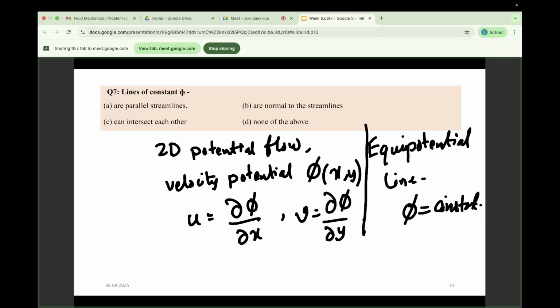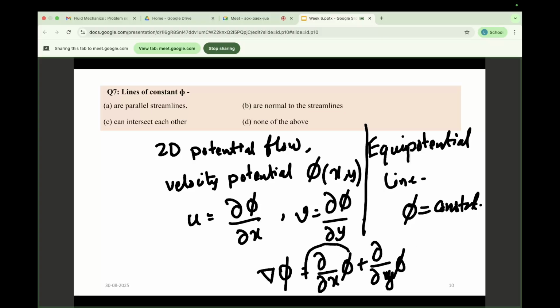Any confusion? So now the gradient. Gradient means if I talk about x, d/dx of phi plus d/dy of phi, and phi is a vector.